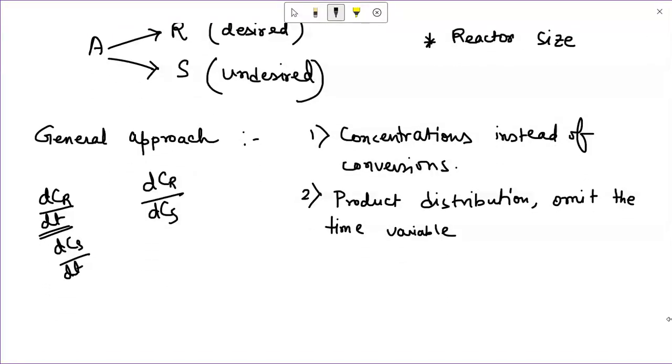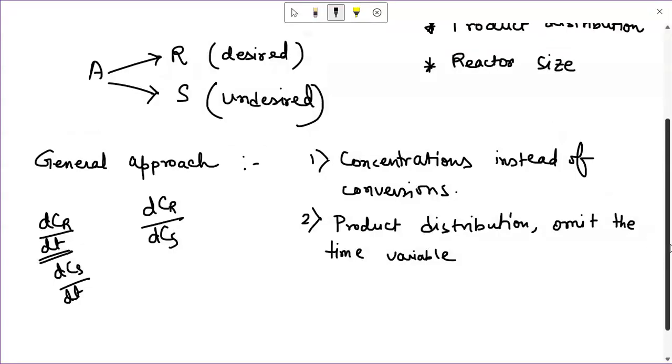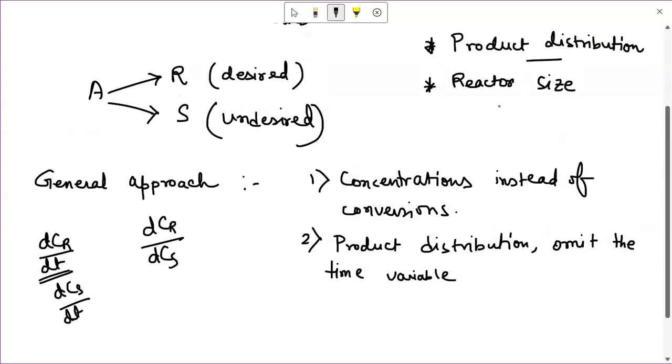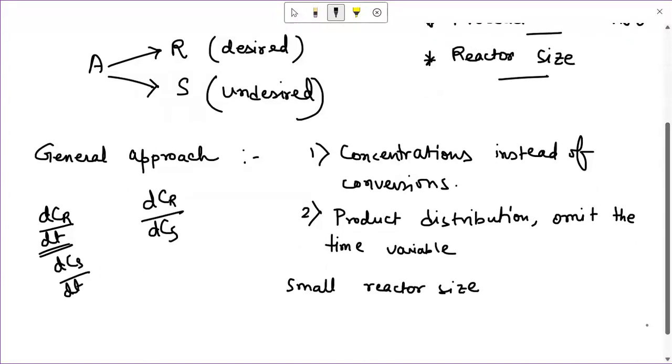Now out of these two requirements, product distribution and reactor size, in a real world problem our target is to have a small reactor size and maximum desired product. These are our most valid economic considerations when designing reactors.